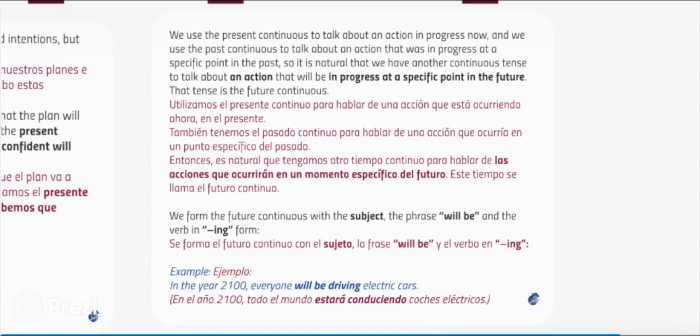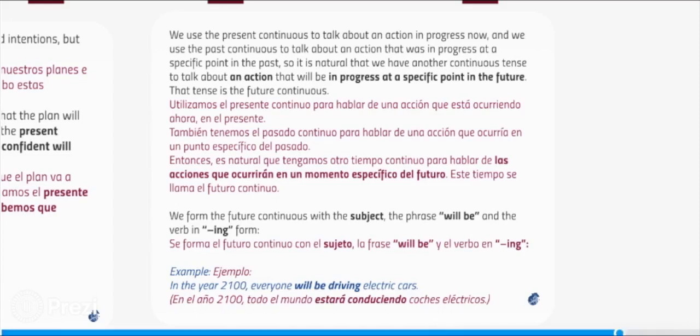So, it is natural that we have another continuous tense to talk about an action that will be in progress at a specific point in the future. That tense is the future continuous.